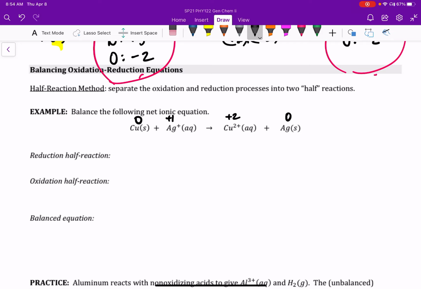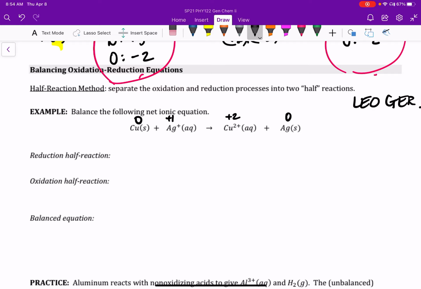Then we want to determine which species is undergoing reduction and which is undergoing oxidation. So remember our little LEO says GER, right? Loss of electrons is oxidation, gain of electrons is reduction. The thing in this reaction that is losing electrons is the copper.